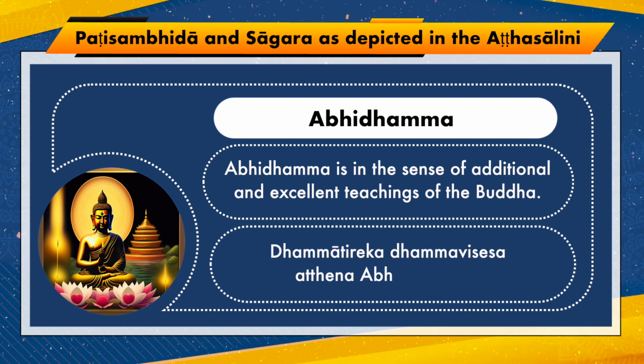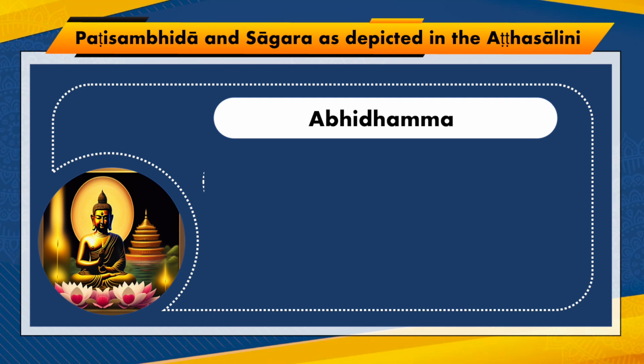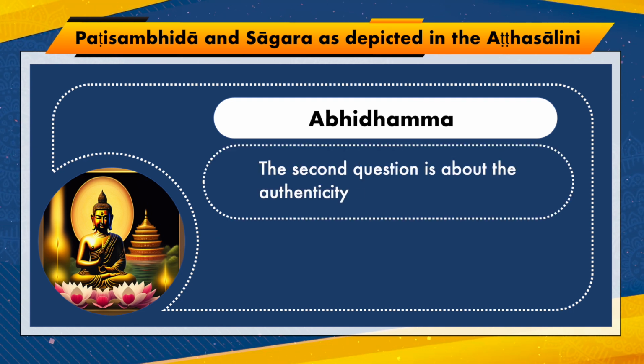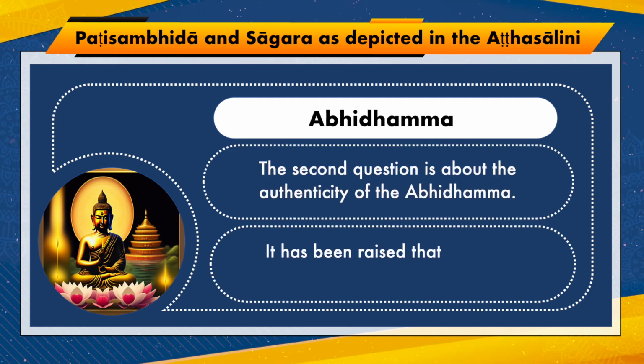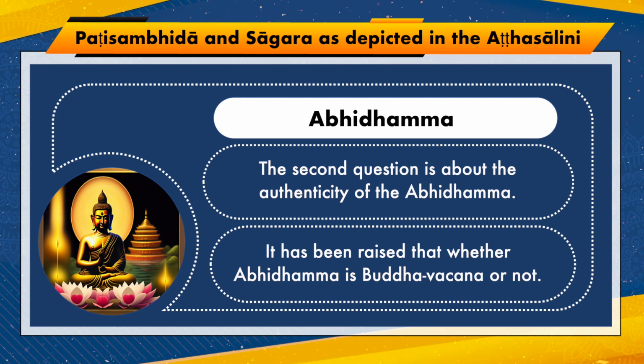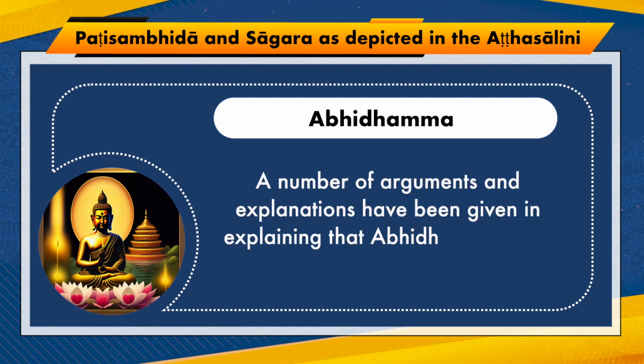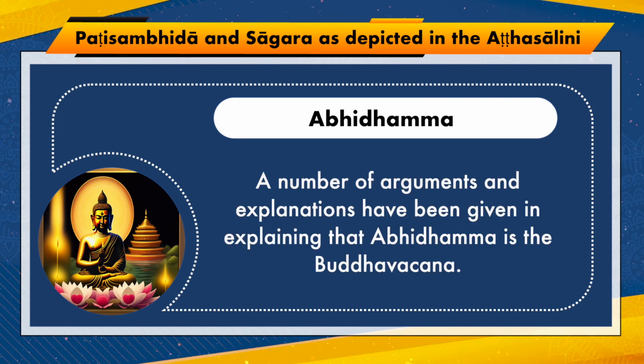Dhammatirek Dhamma Vishesha Thena Abhidhammo. The second question is about the authenticity of the Abhidhamma. It has been raised whether Abhidhamma is Buddhavachan or not. A number of arguments and explanations have been given in explaining that Abhidhamma is the Buddhavacana.